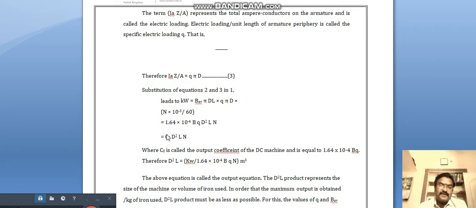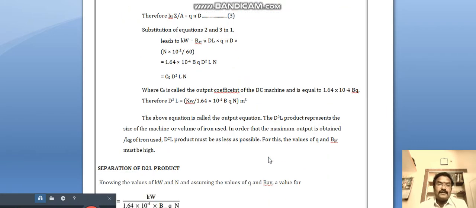C naught is the output coefficient of the DC machine, equal to 1.64 into 10 to the power of minus 4 Bav q. Therefore, D square L is equal to kW by 1.64 into 10 to the power of minus 4 Bav q N meter cube. The above equation is called the output equation.